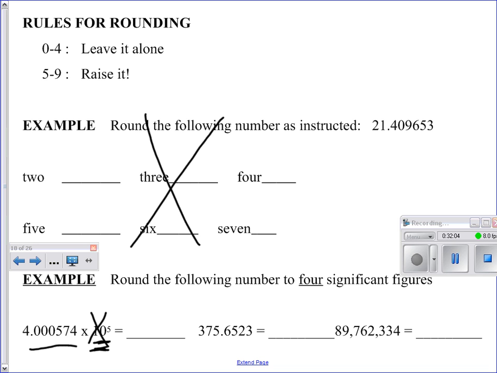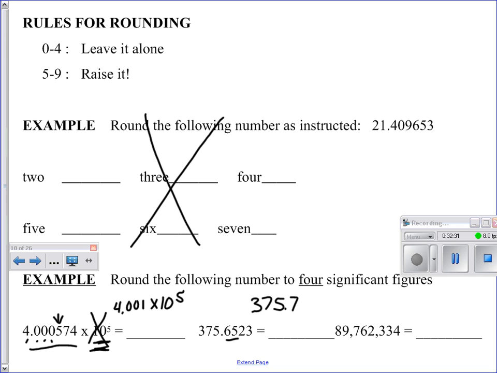This is what I use to count my significant figures. So 1, 2, 3, and 4 significant figures, but I look at my 5th one, and that means I round it up. 4.001 times 10 to the 5th is my answer. Okay, on this one, 375 point, hopefully you know the answer, 7, because that rounded up.